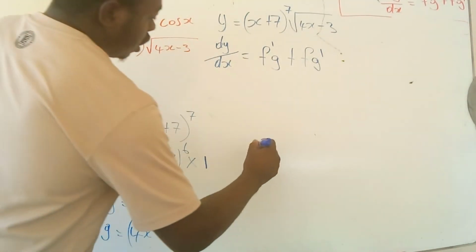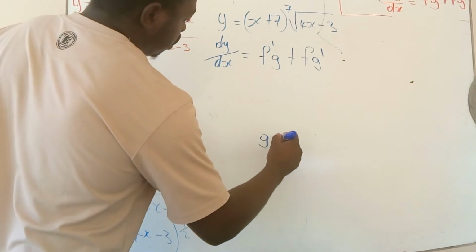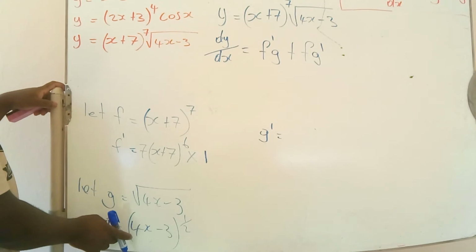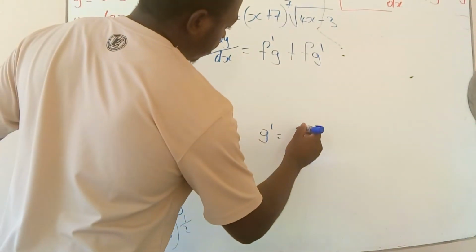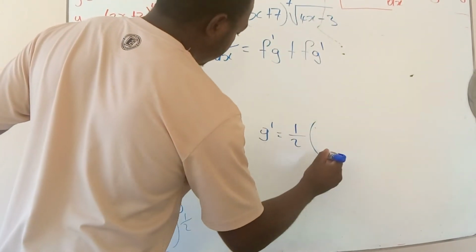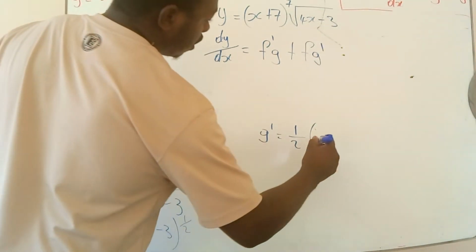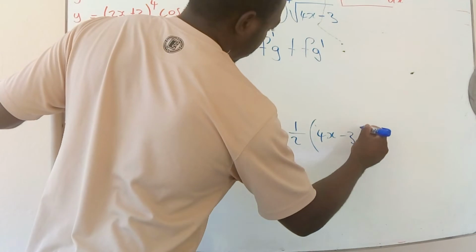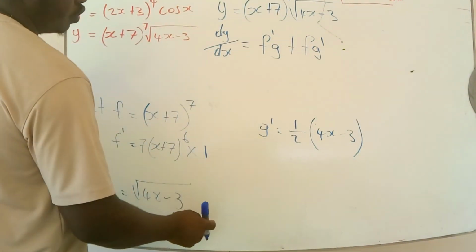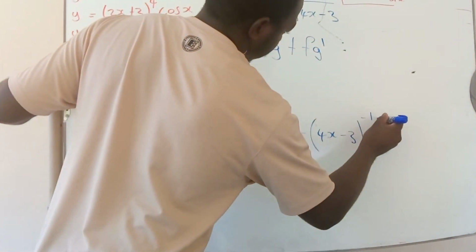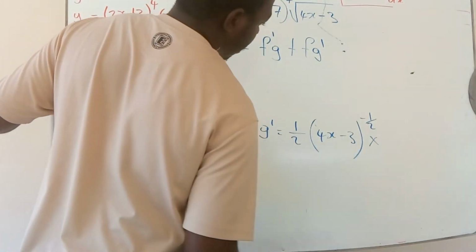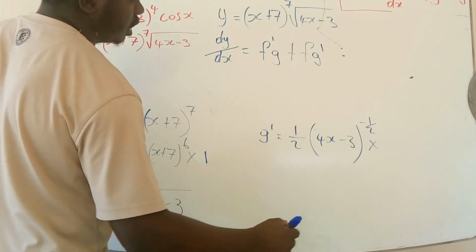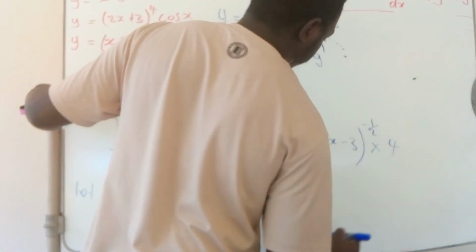So the derivative of g, which is written as g prime, is equal to, take this half to multiply the entire function. So this is going to be half times the entire function, which is (4x - 3) raised to the half minus 1, which gives us negative a half, multiplied by the derivative of the inside of the bracket, which is 4x minus 3, and that's just 4.